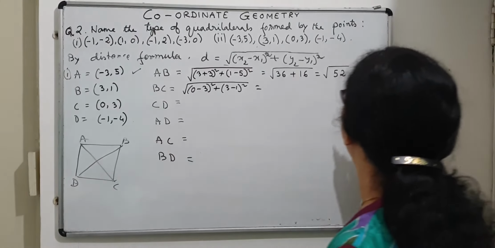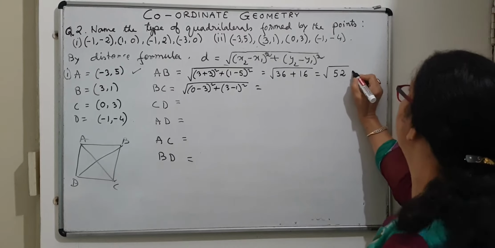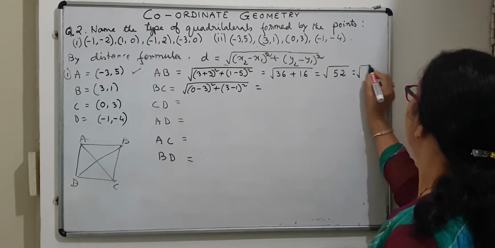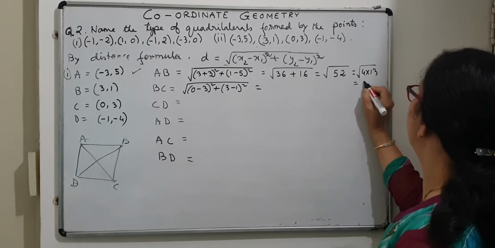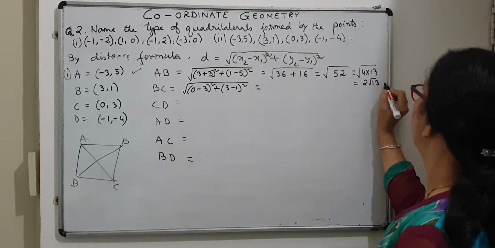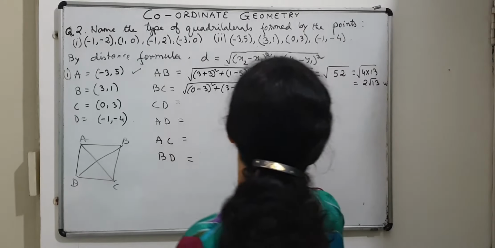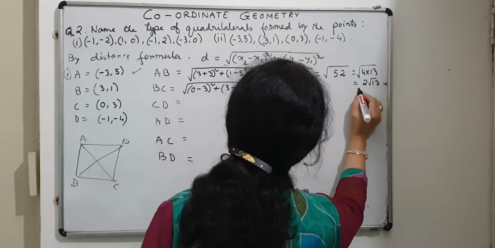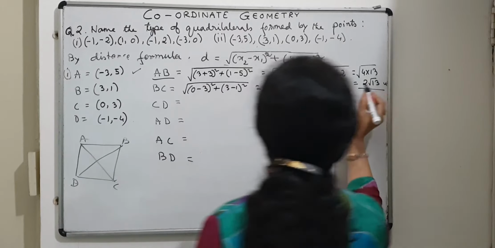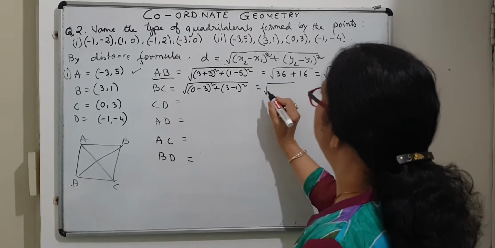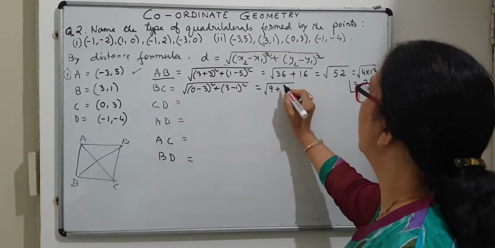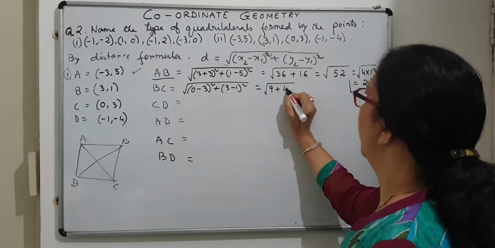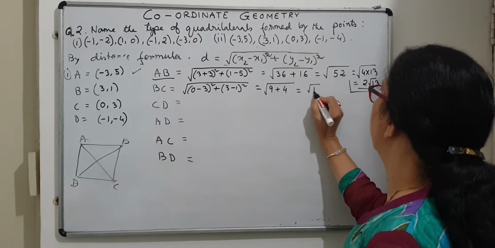Otherwise it is not possible to add. So 4 into 13 is 52, so 4 will come out as 2 root 13. So 2 root 13 is your AB. Now let me find out BC. So 3 square is 9 plus 3 minus 2, 4. So it is root 13 only.